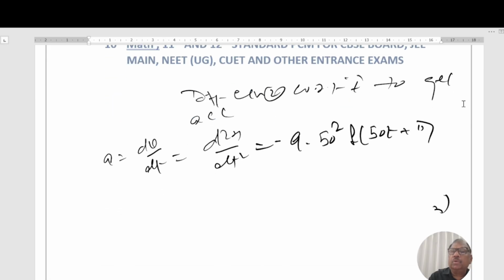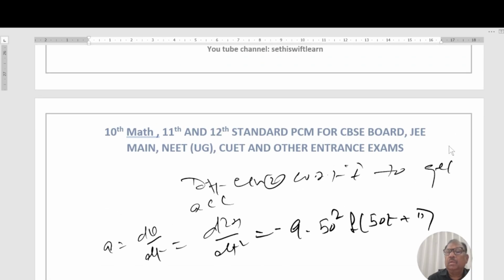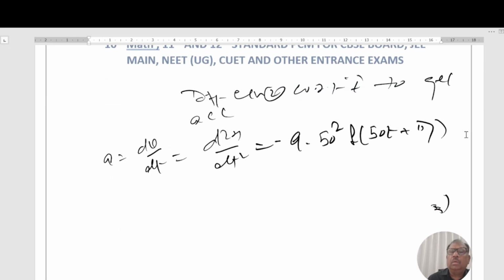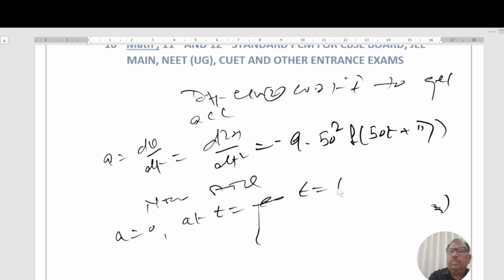Now, according to the question, a equal to 0 at t equal to t2. Then minus 50 square into a sine of 50t plus pi by 3 equal to 0.